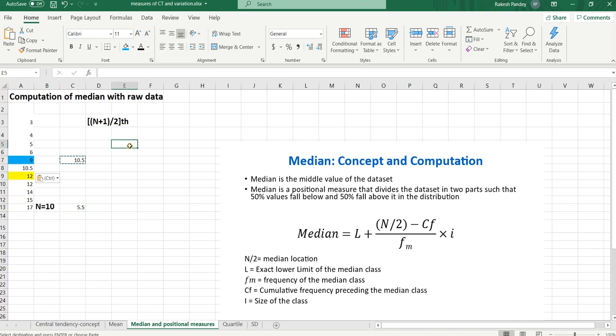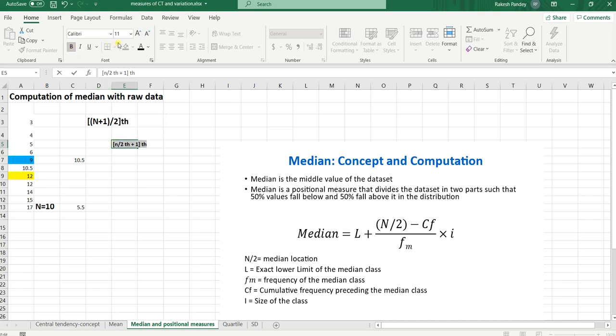Otherwise, simply we can write this as the n/2 value and the n/2 + 1 value.